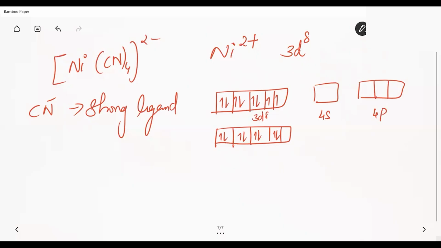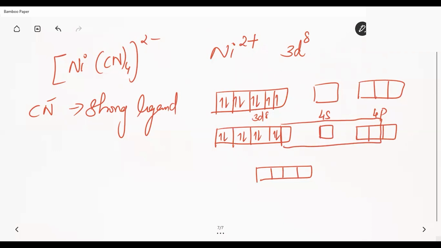4 orbitals means definitely we have to take this d orbital, and 1s and 2p we have to take. No need of 3p. So these are undergoing hybridization: 1d, 1s, 2p. So what is the hybridization of this? dsp2 is the hybridization.